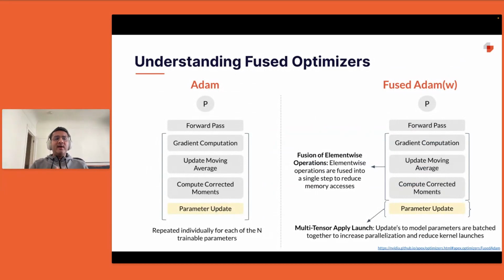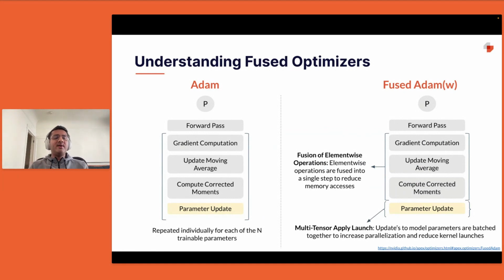And so with Adam, the way it works is that normally when you have parameters, you forward pass through it, and then on the backward pass, you'll compute the gradient with respect to the parameter weights and the loss. You'll update the moving average, which is a set of the moments. So Adam, I'm not sure how familiar everyone is, but Adam has these two states that it maintains per parameter, which are the first and second moments. So it needs to update those moving averages.